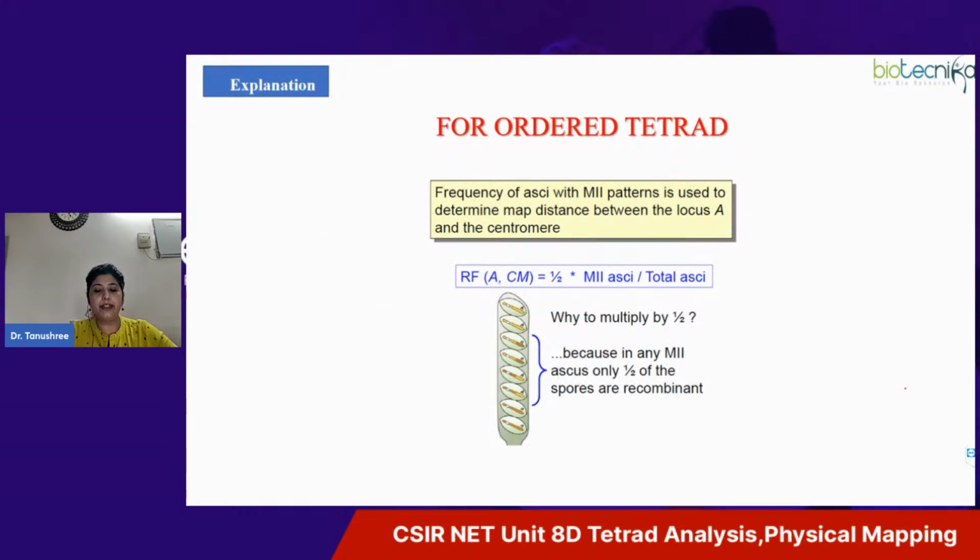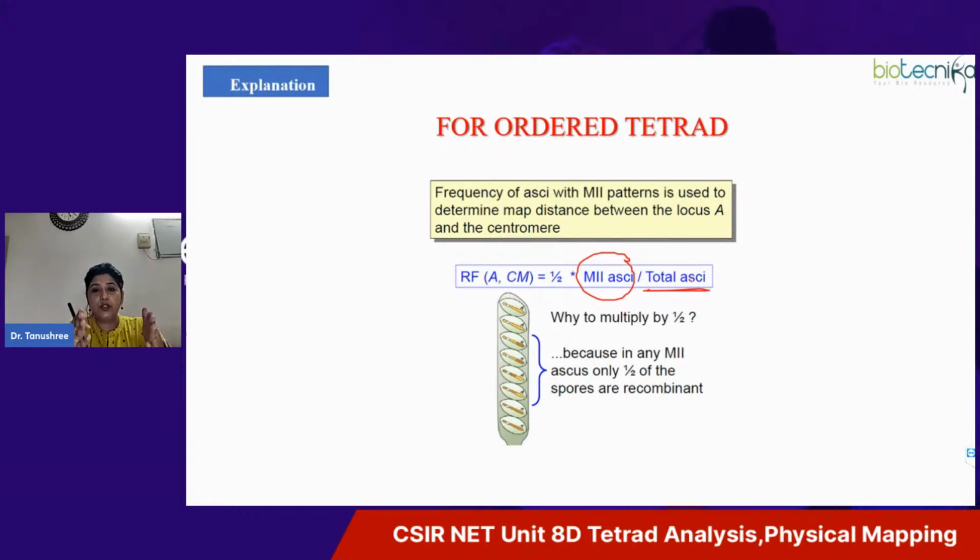So always remember the formula is half into M2 SK by total SK into 100, right? Total SK means including both non-recombinants and recombinants, and M2 SK is the second-division segregation asci. So total SK, you have to consider both the cases, when there is no crossing over and when there is crossing over.